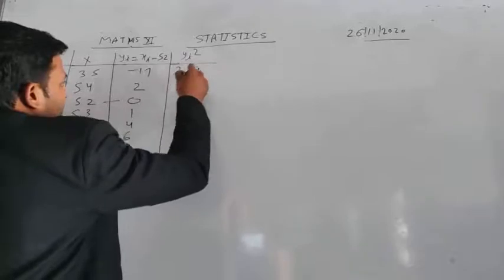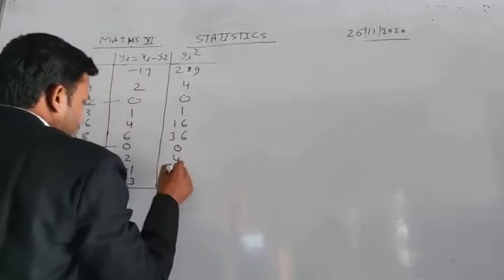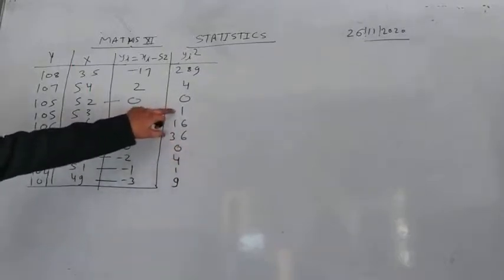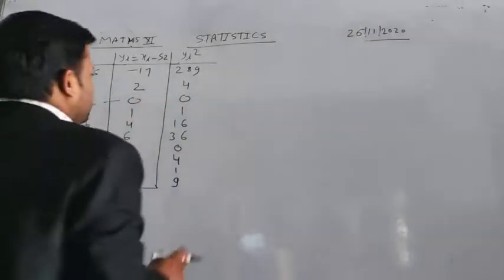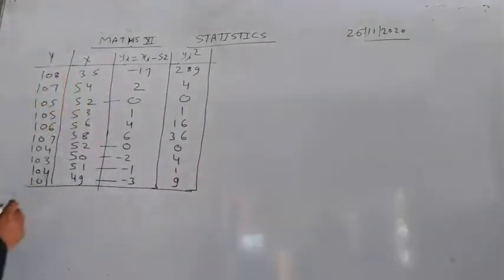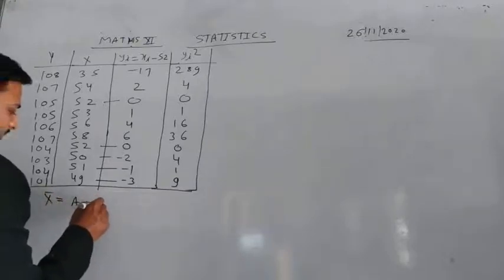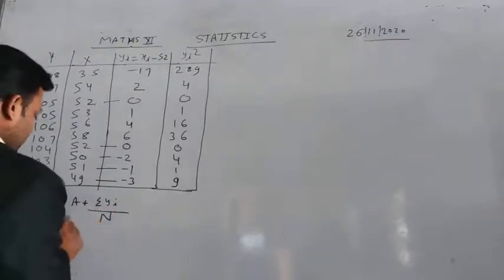Now we will find our yi square. So this is 289, 4, 0, 1, 16, 36, 0, 4, 1 and 9. Now on the basis of this, we will find our mean, X bar, which is A plus summation yi by n.